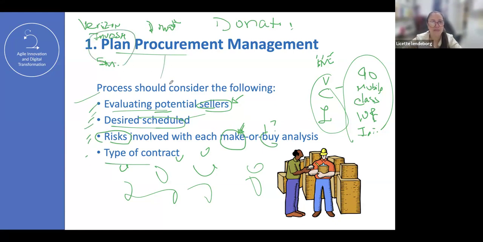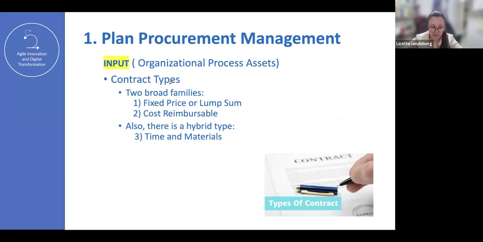Those are some of the aspects we need to take into consideration when planning procurement in the organization. All right. Now, Miss Larissa, I want you to help me. If you agree with this definition, this is PMI. They say that we have a couple of types of contracts, like families. Let me know, Larissa, if you say, no, Lisa, we have more than that. This is just for the exam.